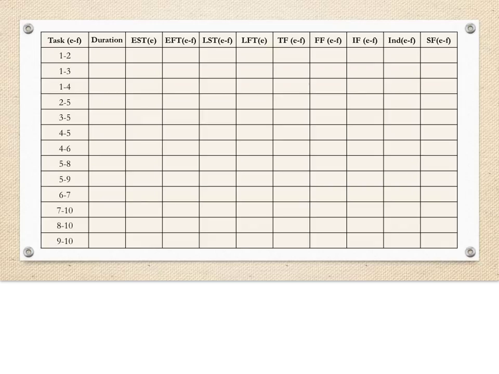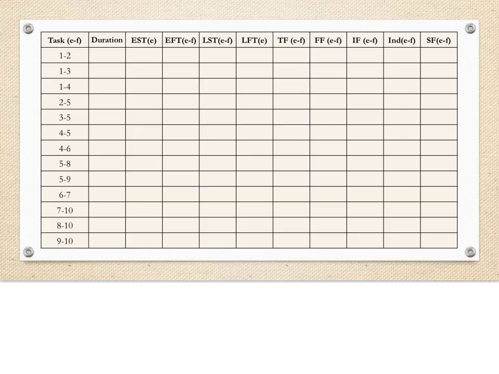So as an offline assignment, I would like you to copy this table in Excel and fill in the blanks. We already determined the duration, earliest start time, earliest finish time, latest start time, and latest finish time, but please fill them in anyway, since it will help you to fill in the blanks for the total float, free float, interfering float, independent float, and safety float.